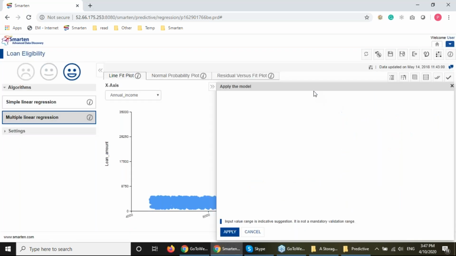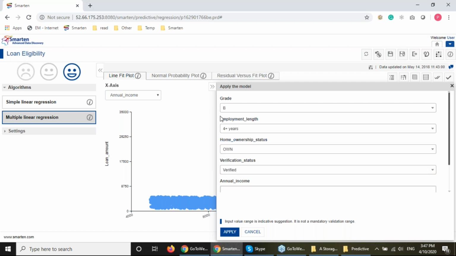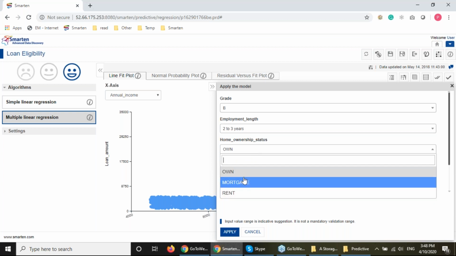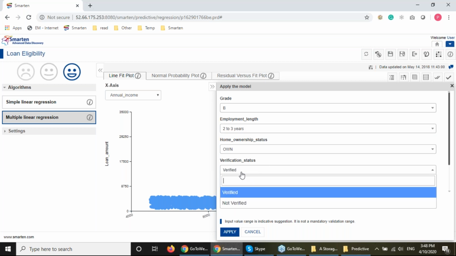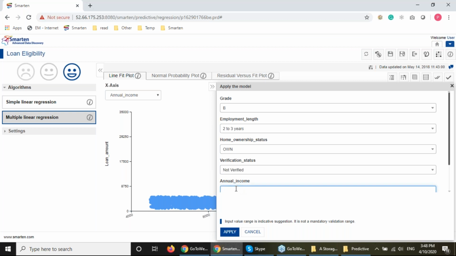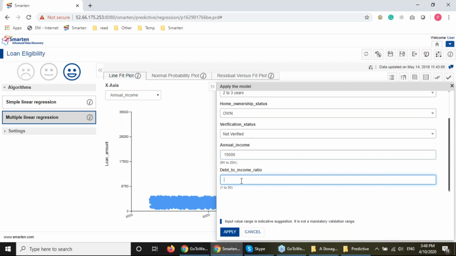When you apply, the grade of application you can drop or keep, as this is for internal assessment. Whatever application grade you assign, say ABC grade or 1 to 3 grade, employment length is 2 to 3 years, home ownership status is rent or own, status is not verified, annual income is this much, debt to income ratio is this much.